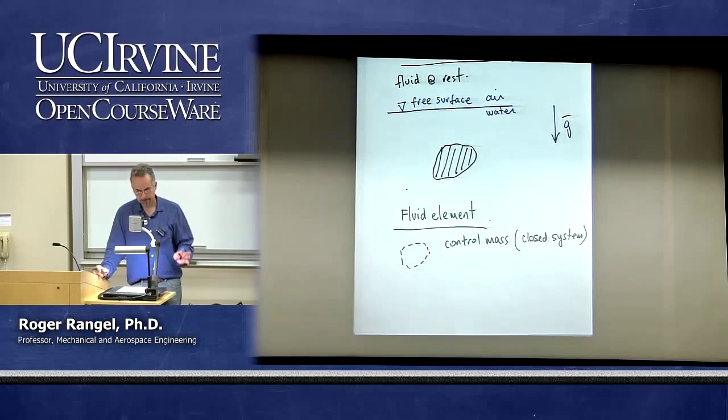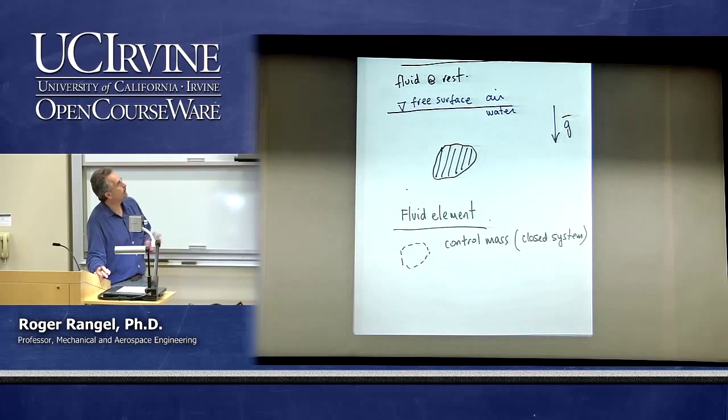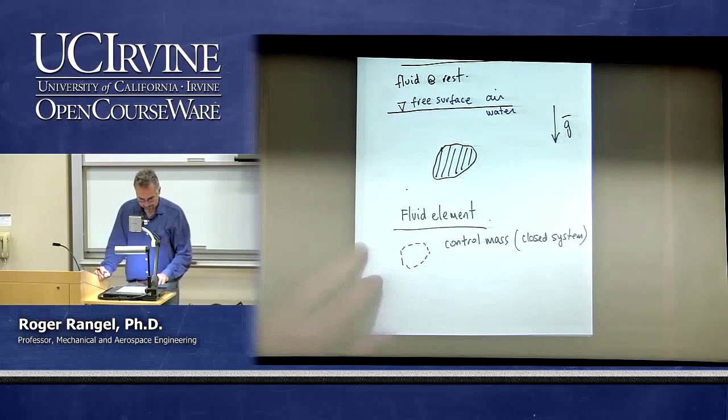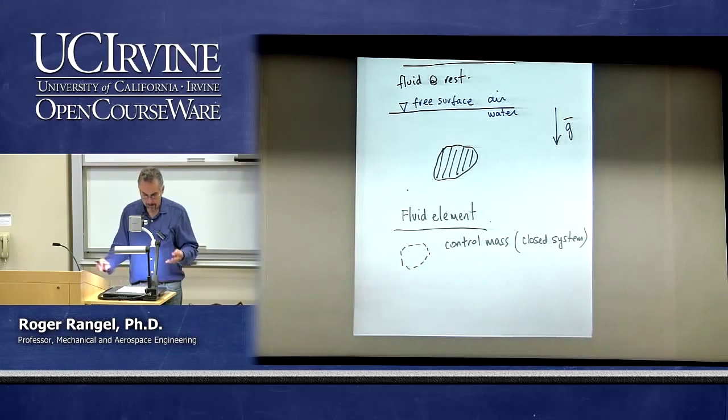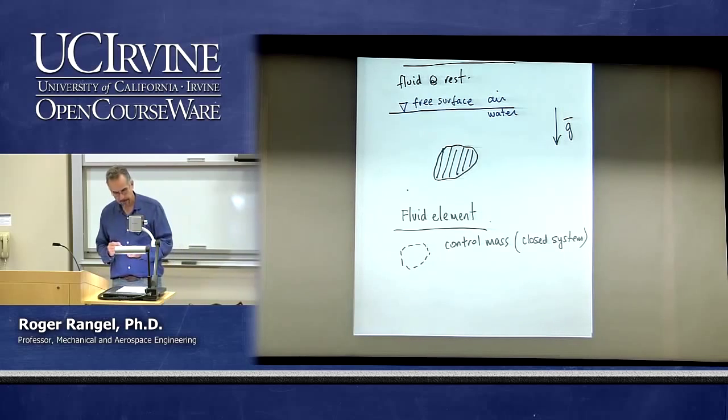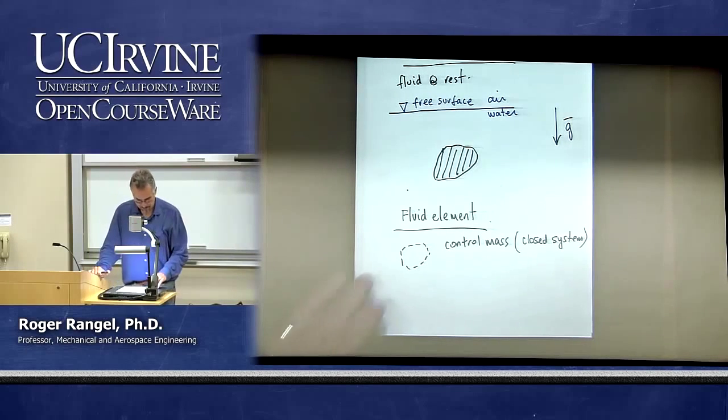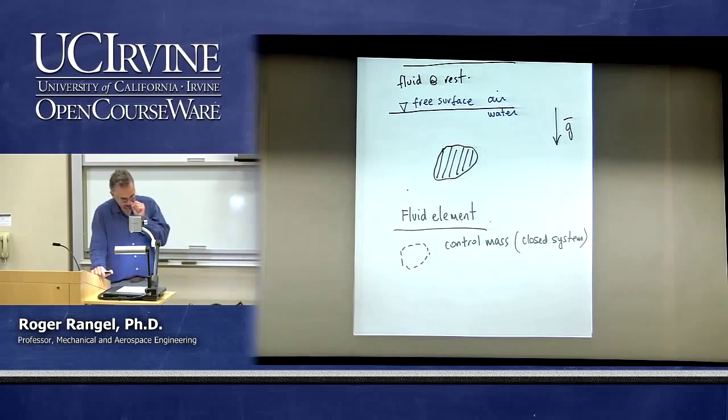And we use it a lot, particularly when we are deriving equations to see the laws, for example, Newton's second law, the first law of thermodynamics, the law of conservation of mass. We make use of this concept of a fluid element.